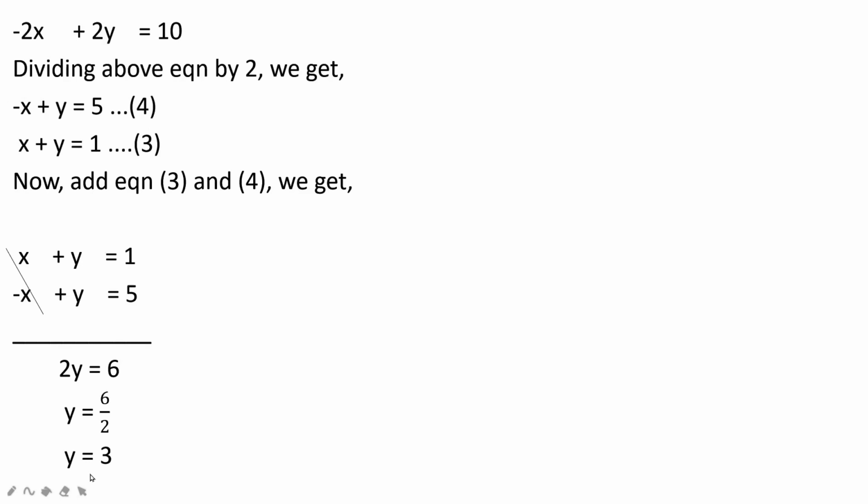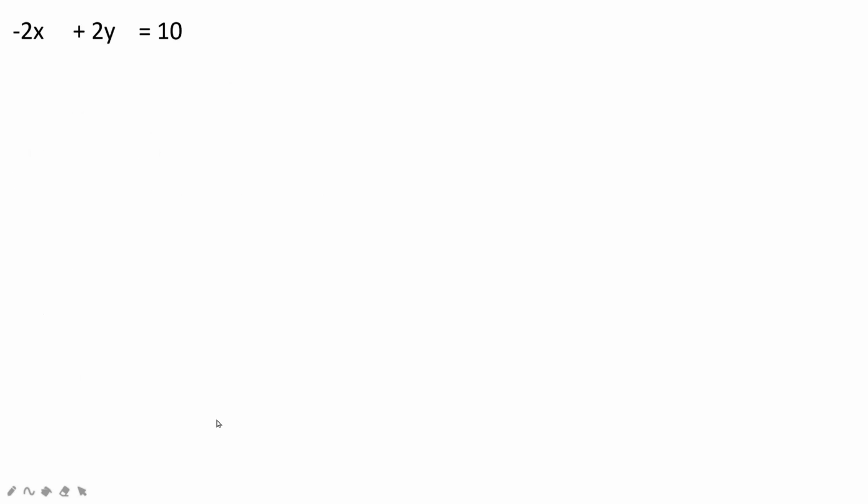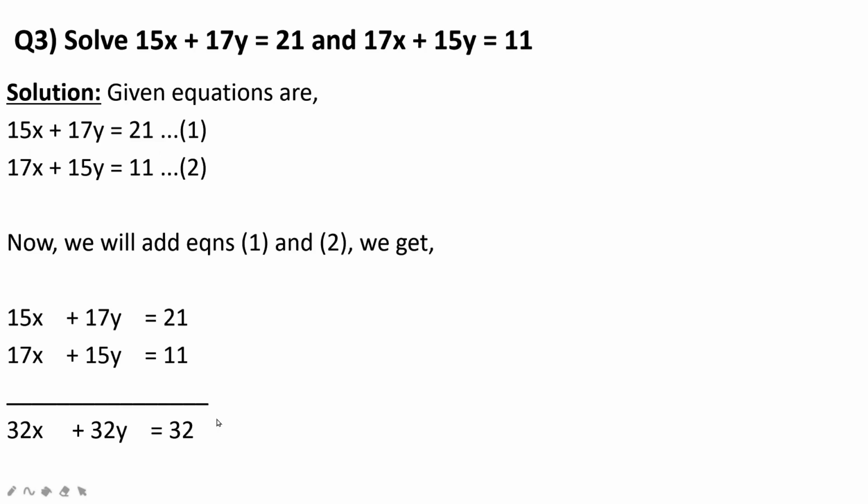Now we will substitute the value of y is equal to 3 in any of the previous equations. Now we remember that the first two equations were 15x plus 17y is equal to 21 and 17x plus 15y is equal to 11. Substituting the value of y in any of these two equations will lead to big numbers, and that will make the calculations difficult, which can result in wrong answers.